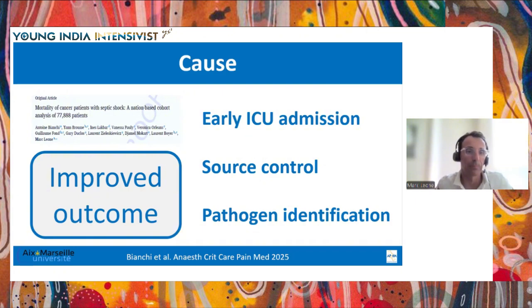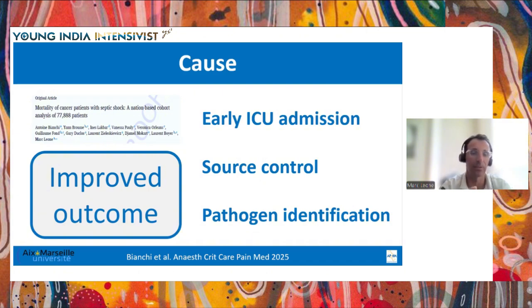We recently published this paper, which is online now. It's a national database on patients with cancer and septic shock. That's a nationwide cohort with around 80,000 patients.